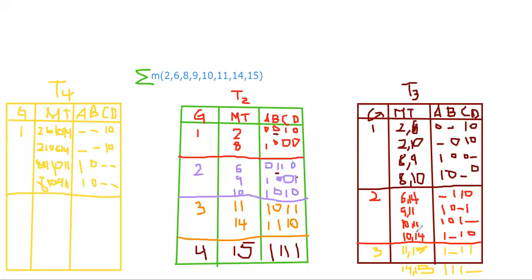I will take the next group, that is I will compare group 2 and group 3. So 6, 14 cannot be grouped with any of the numbers in group 3. We can compare 10, 14, 11, 15.